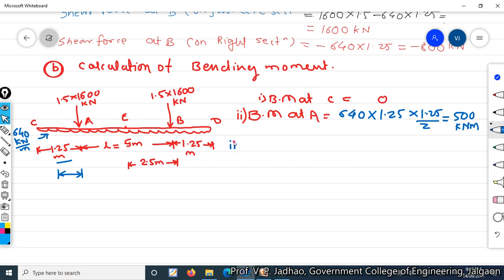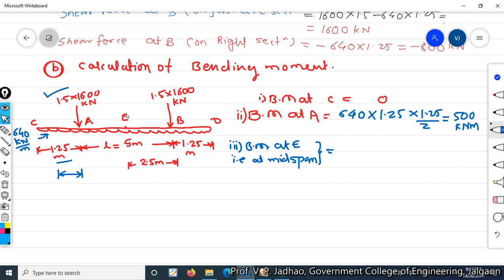Now third, consider the bending moment at E, that is at mid span. This total bending moment is equal to the bending moment due to this uniform upward soil pressure plus the bending moment due to any one column load. Let us consider the left side.